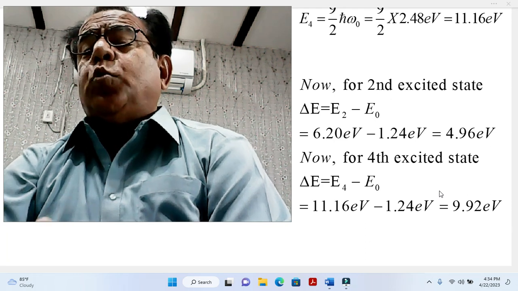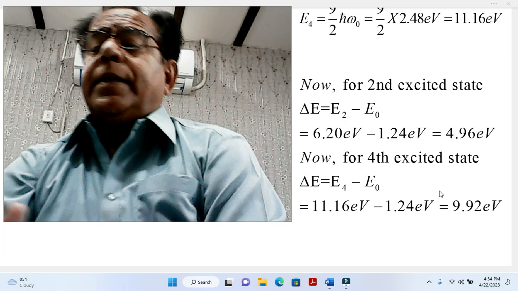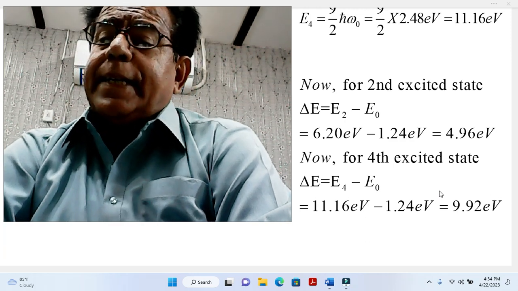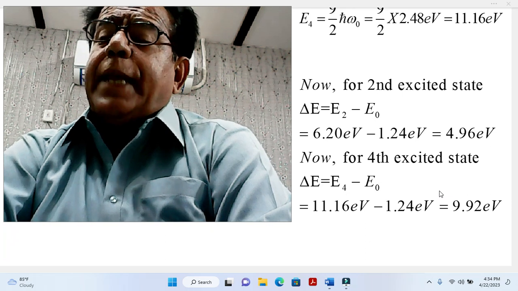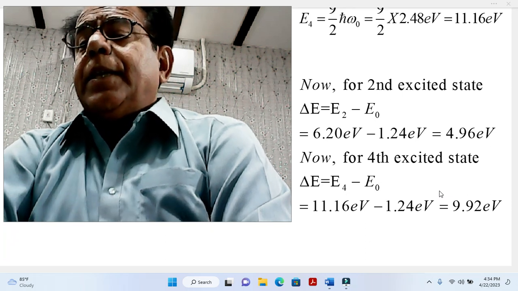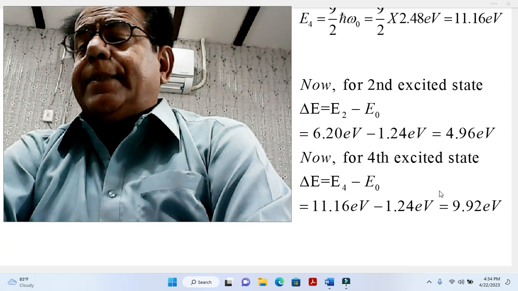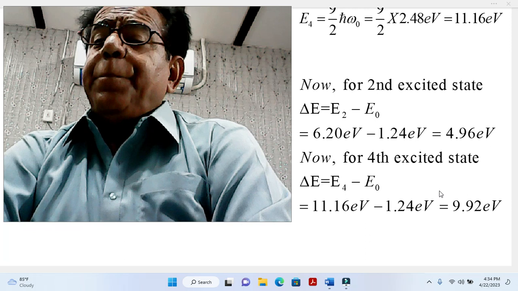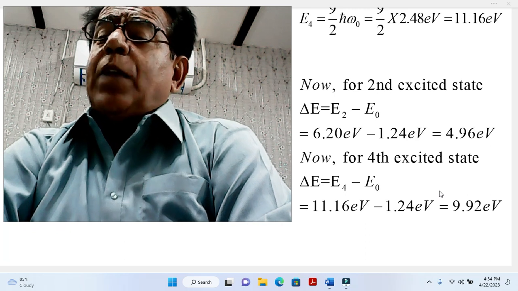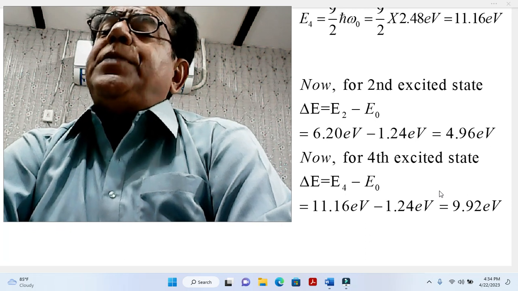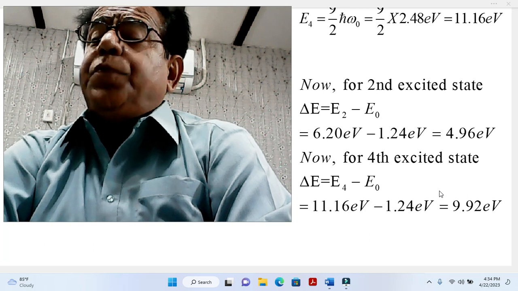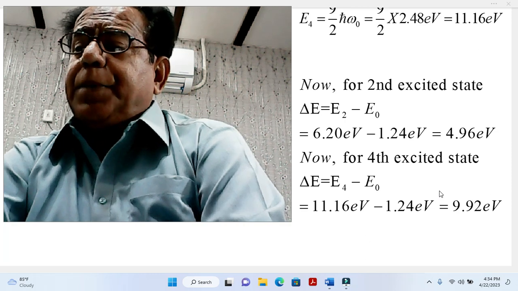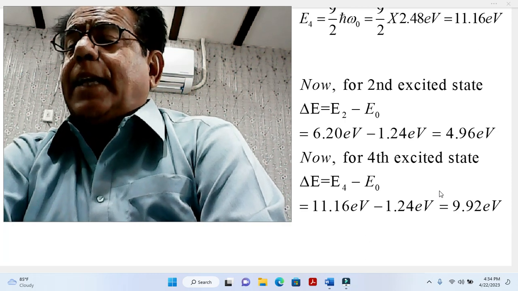It will be equal to E2 minus E naught. In the next step we put the values of E2 and E naught. The value of E2 we calculated in the previous part, while the value of E naught has been provided in the statement. So this difference becomes equal to 4.96 electron volt.